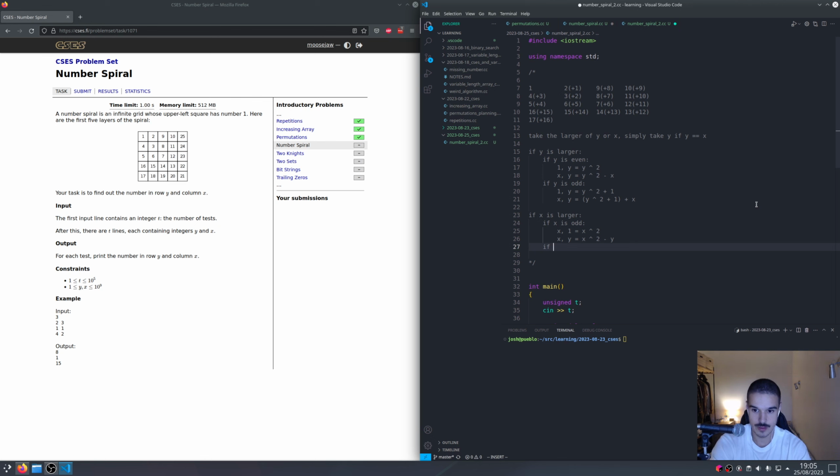If x is even, then x1 is x squared plus 1. So then xy is x squared plus 1 minus y.